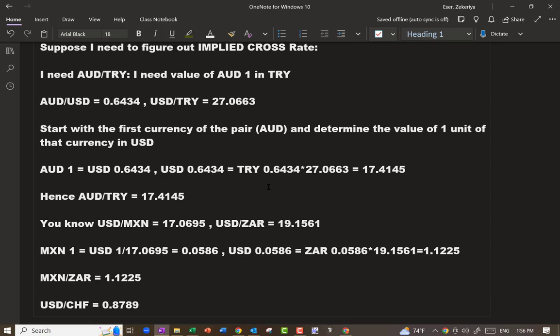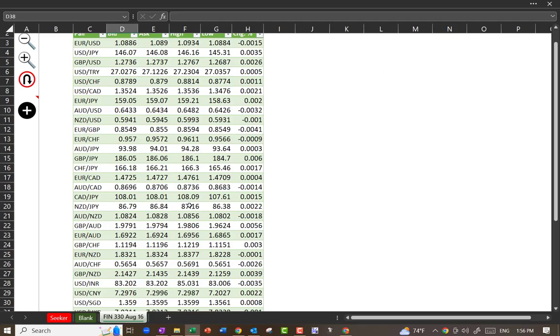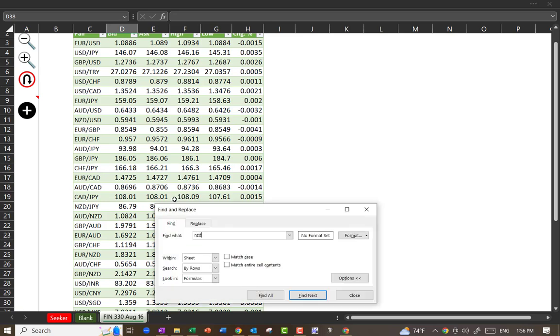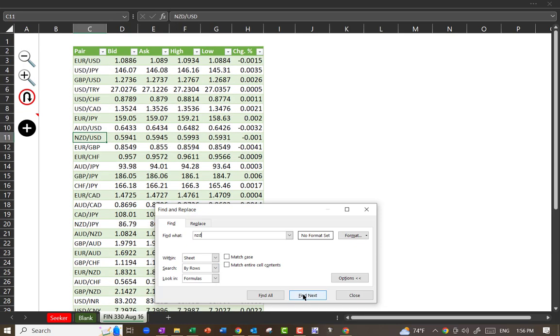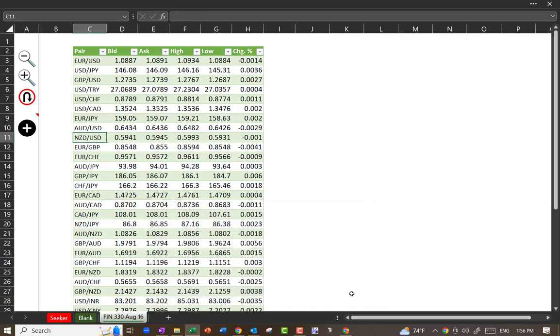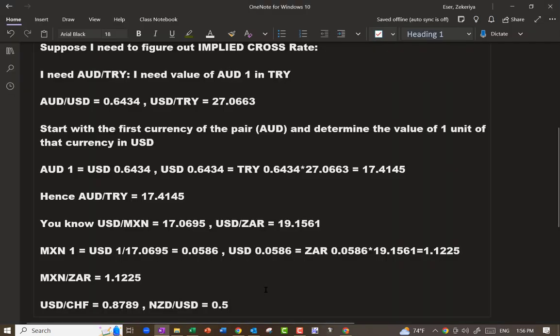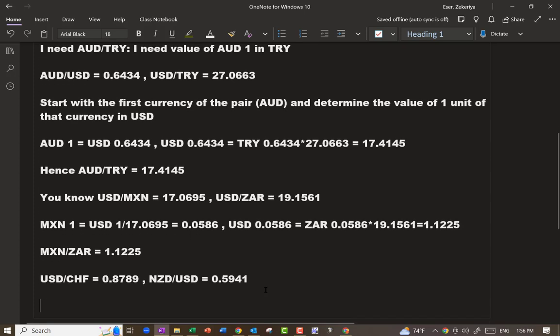And I want to know the Kiwi US rate. 0.5941. And I need the Swiss franc to Kiwi rate.